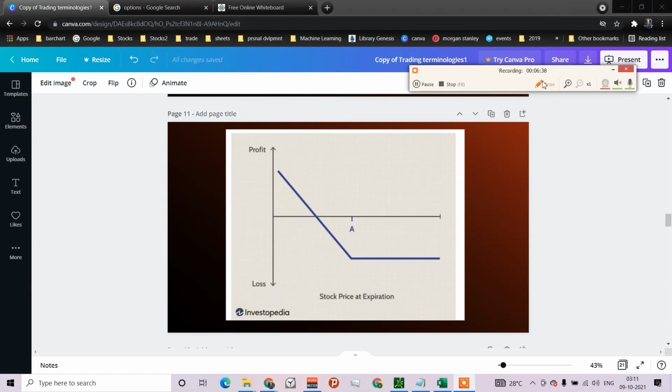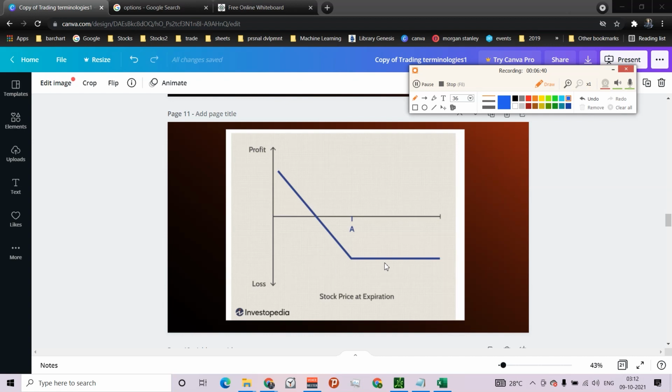As you can see here, it's almost the opposite. When the share price goes down, you are making profit. You are in this loss period here if the share price moves up, but as you can see, it has a limited risk, so it doesn't go further down.